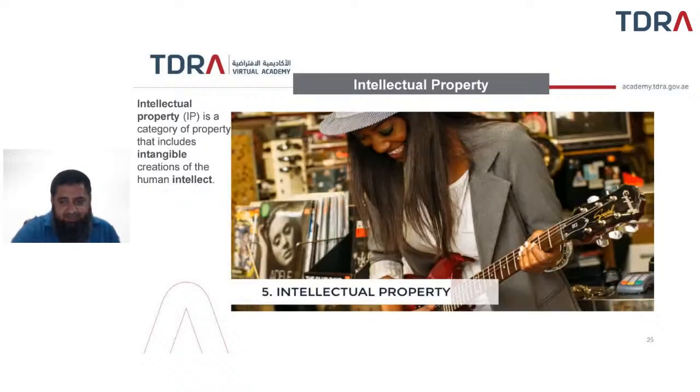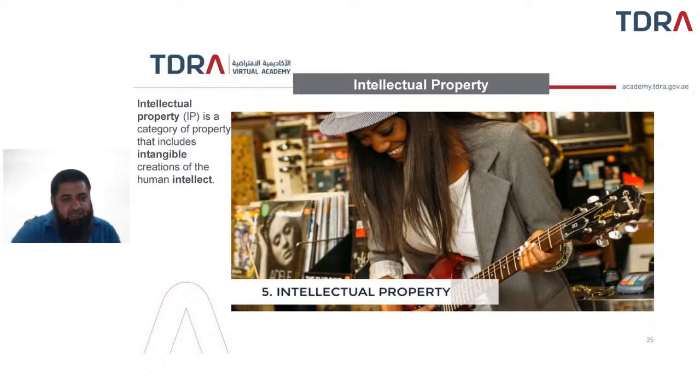Now, the fifth implementation is intellectual property. We have many intellectual things that we need to keep with us, and we don't want them to be stolen. So we can keep their information on a blockchain.